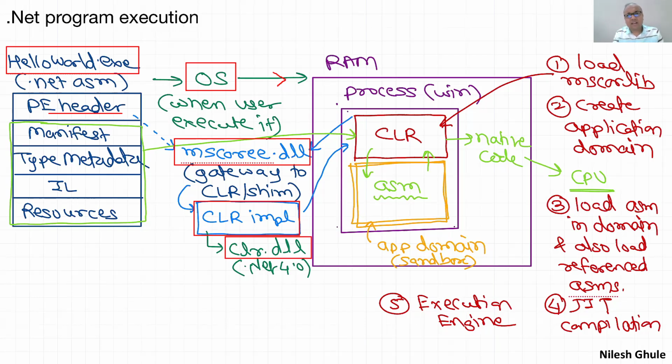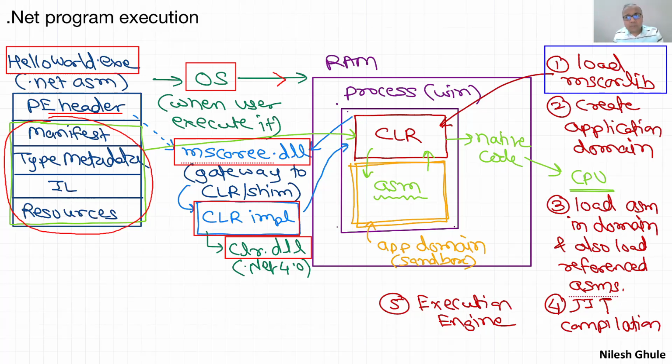This clr.dll is very much part of your .NET Framework. So this clr.dll gets loaded into your process. Now, as the CLR comes into the picture, the CLR is ready to execute the actual application. And to execute that actual application, the first thing it does is load MSCorLib, the base class library.